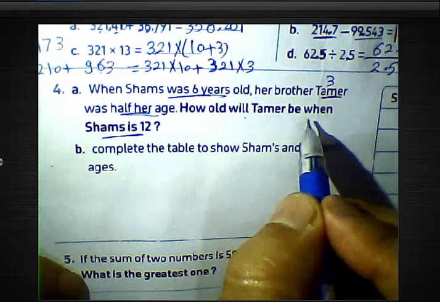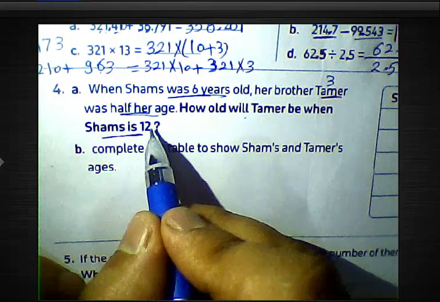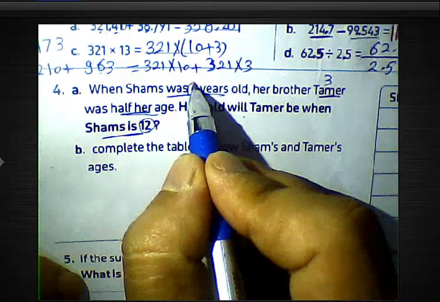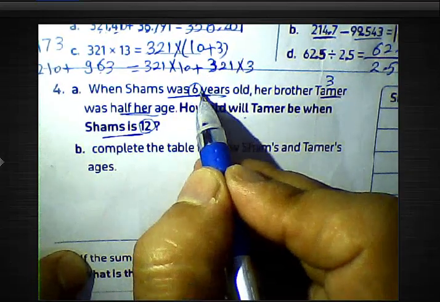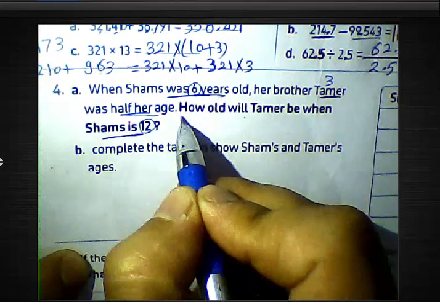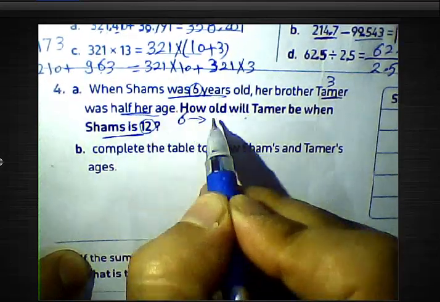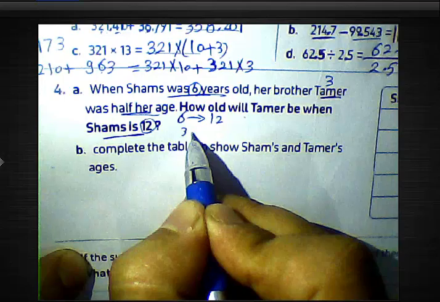How old will Tamer be when Shams is 12? 12 years, Shams was 6, meaning just after 6 years. Look at here, 6 will be 12 and 3 will be what?